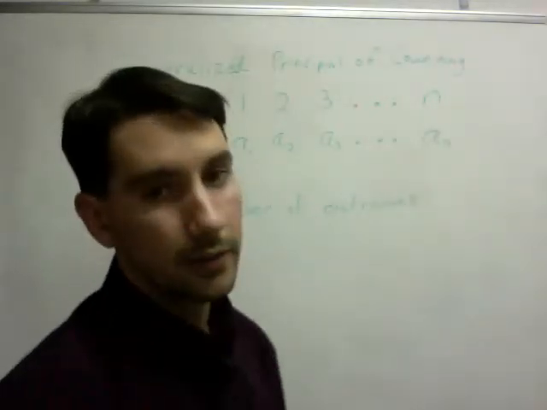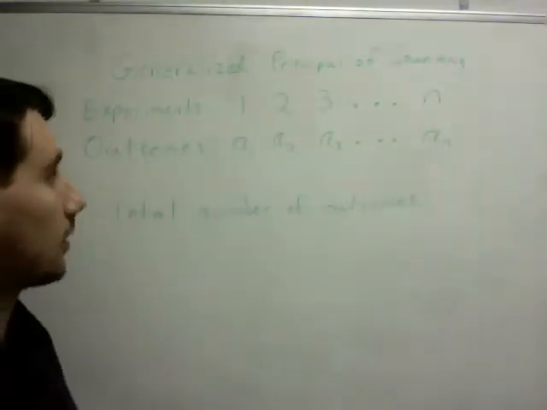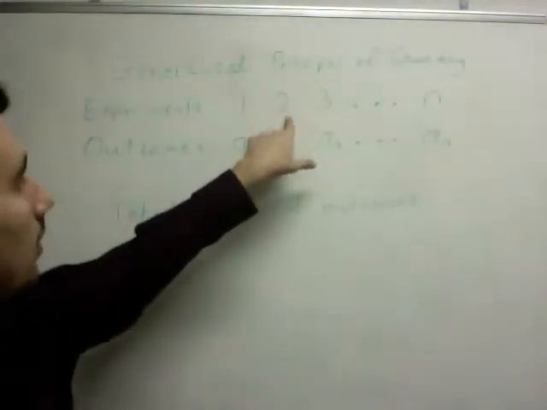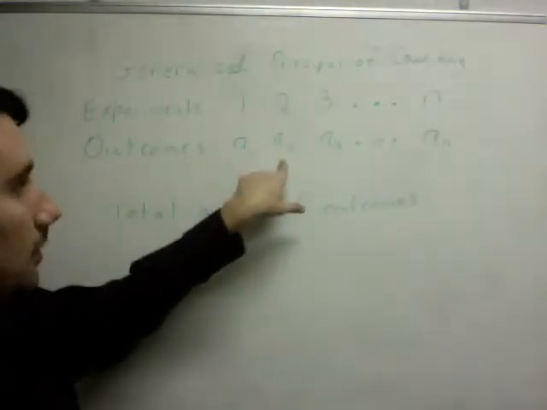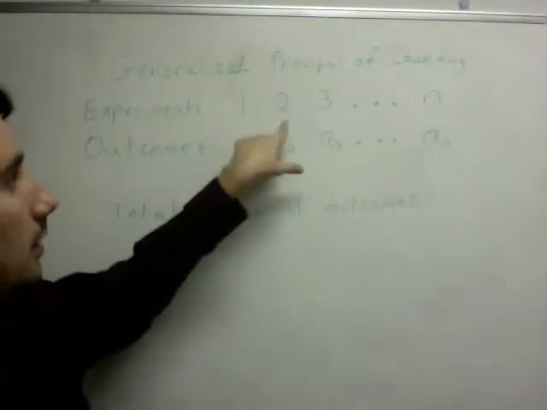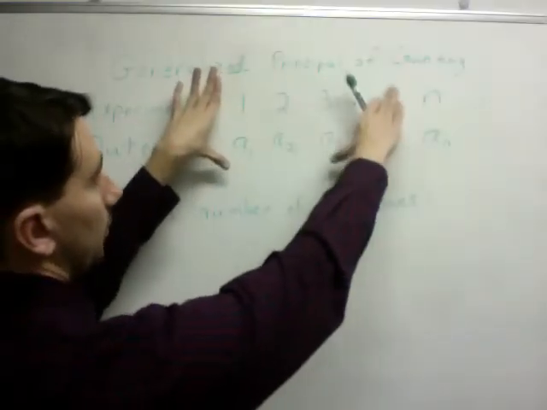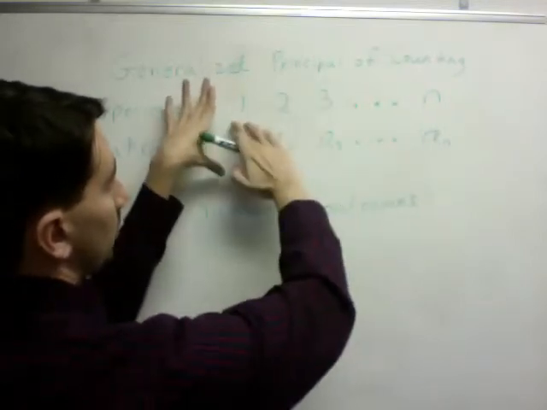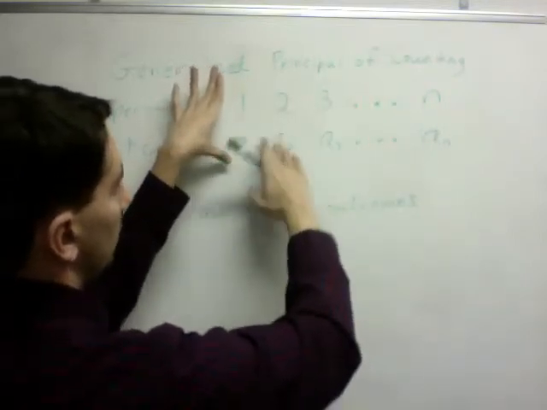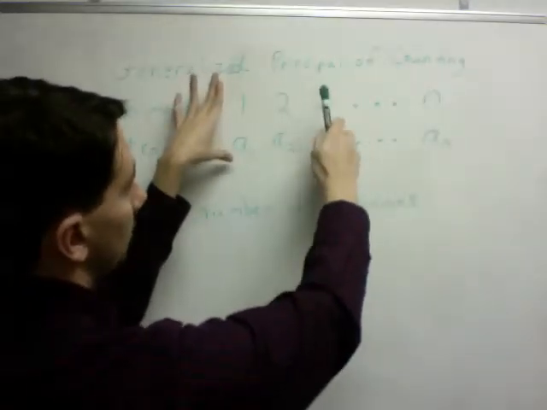This is one of those cases that appeals to just basic induction. We take 2 experiments, and the product gives us the total number of outcomes of those 2. So we end up with A1 times A2 for this as 1 experiment. Now if we treat 1 and 2 as 1 experiment, and then we have 3 as a 3rd experiment, the total number of outcomes for 1, 2, and 3 will be A1, A2 on this side, and then A3 for this part.